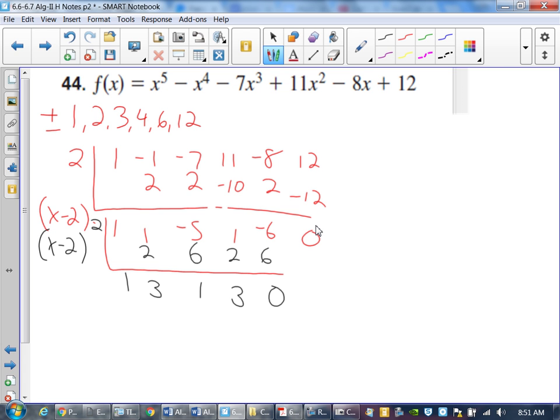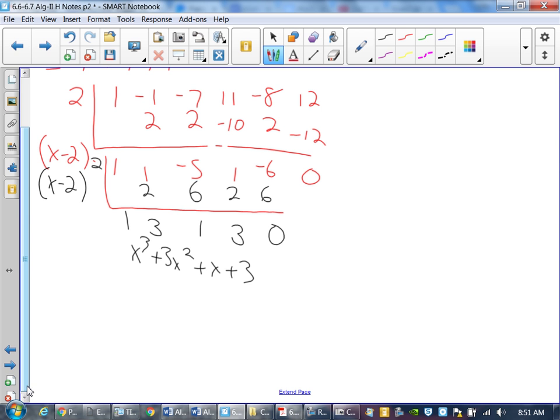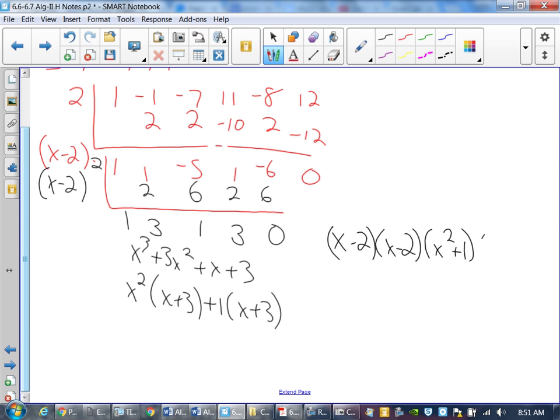When you see replicated values, this is just x cubed plus 3x squared plus x plus 3. You could factor that via grouping. Take out the x squared. Take out the 1. So you wind up with x minus 2, x minus 2, x squared plus 1, and x plus 3. So you have zeros at 2, replicated, plus or minus i, and negative 3.